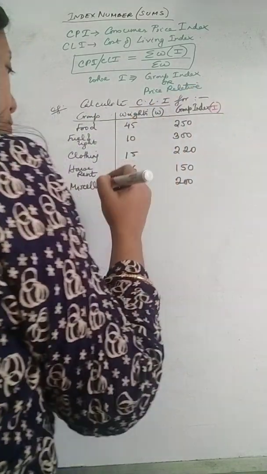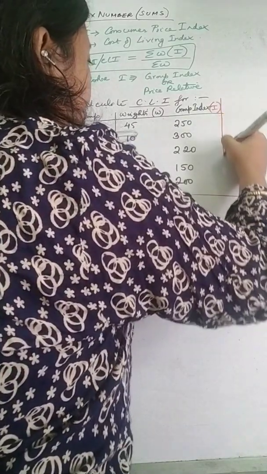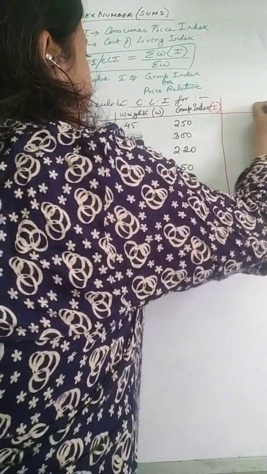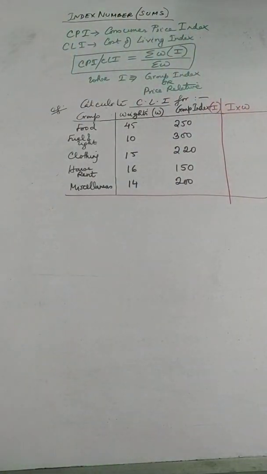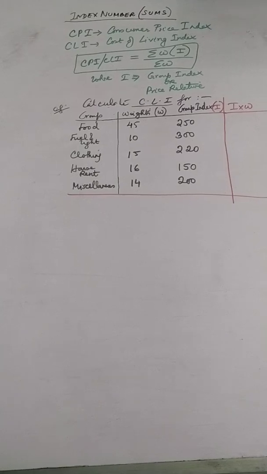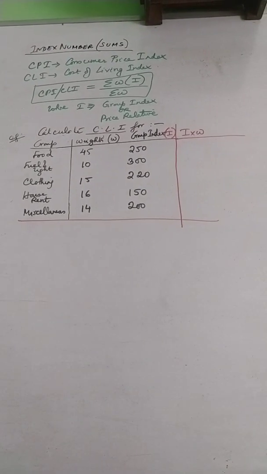So what do we need to do now? According to the formula, we have to calculate W into I. W into I means 45 into 250.